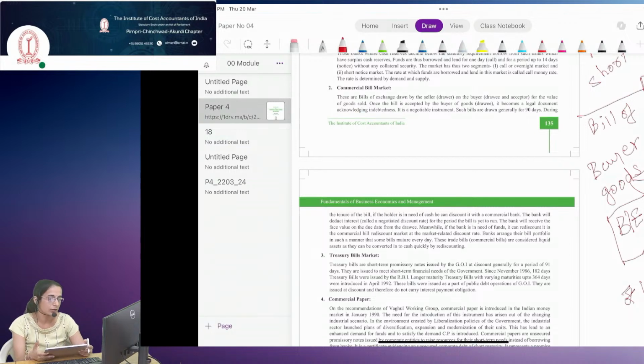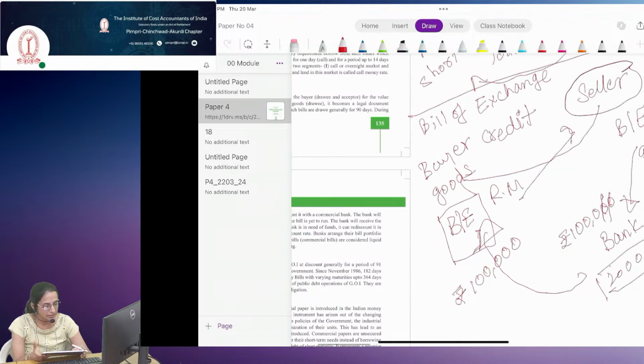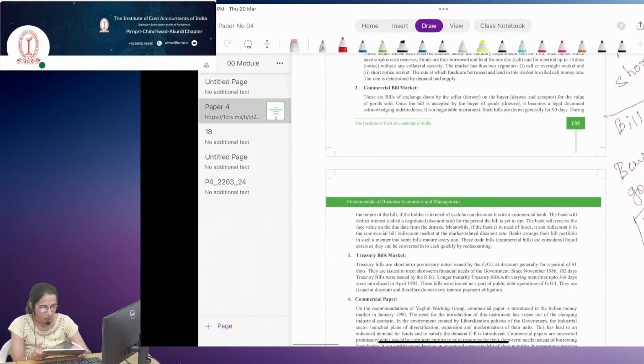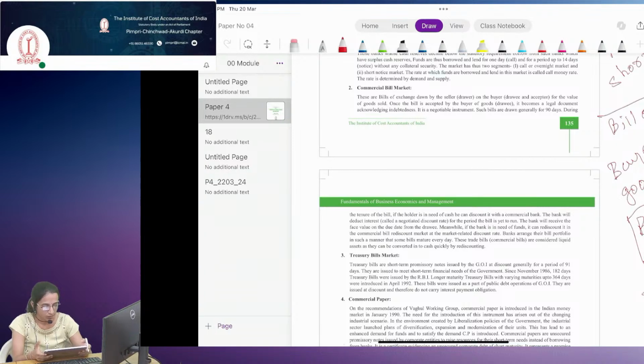During the tenure of the bill, if the holder is in need of cash, see, we discussed, if the seller requires cash, the buyer will give the seller the bill of exchange. So if the seller can't wait for 3 months for the cash, what will he do? He will approach the bank and get the money. If the holder is in need of cash, he will discount it with the commercial bank.